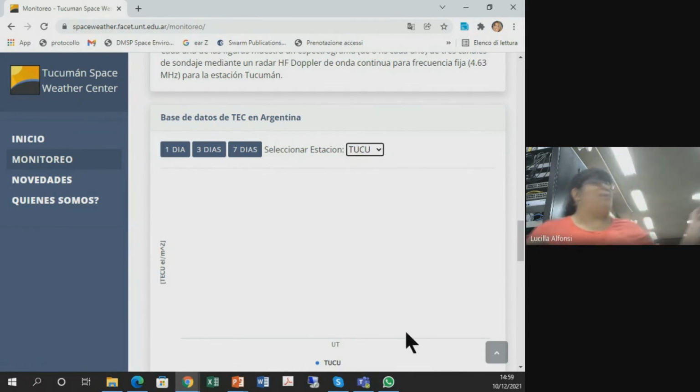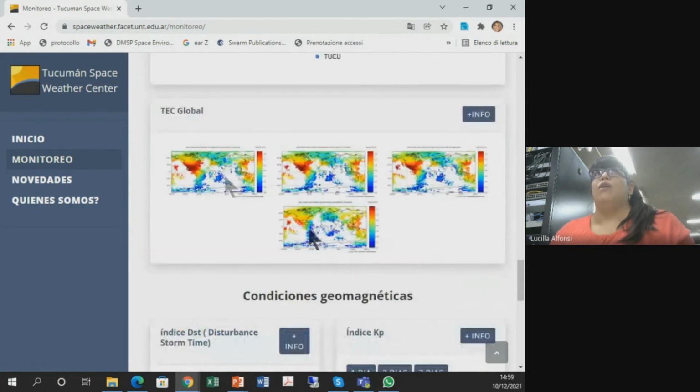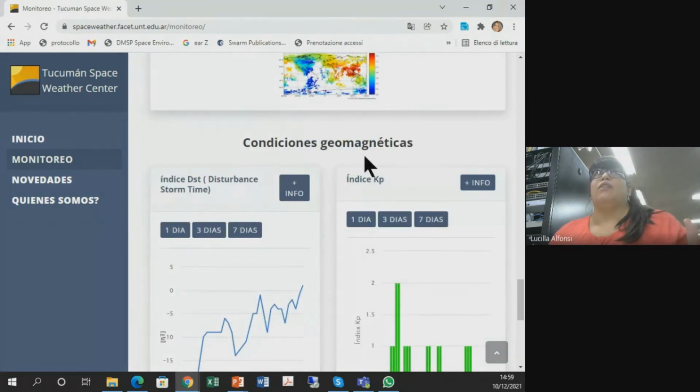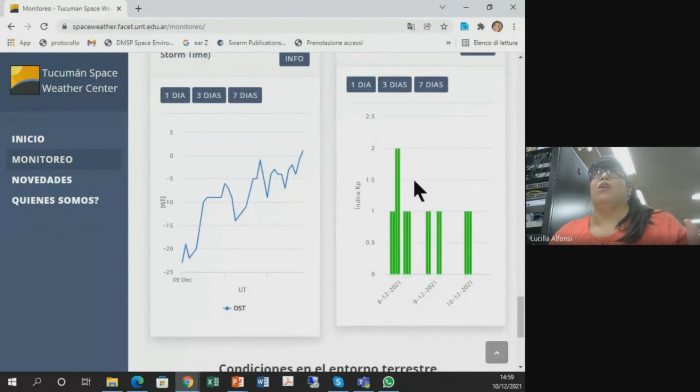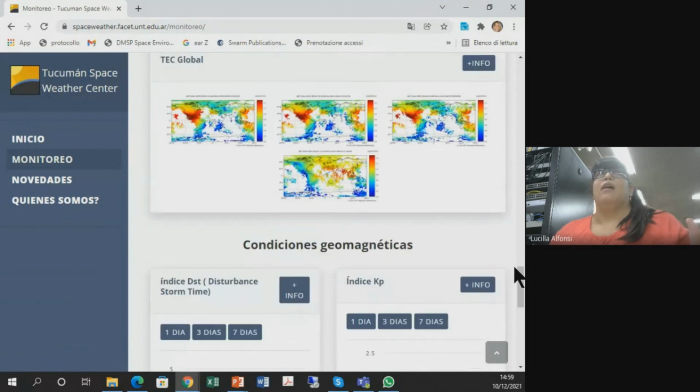Here is one of the main people responsible for the calibration work, but the idea is to have all the data calibrated. We are also working in collaboration with Madrigal, so we have global TEC maps. Of course, we have the other conditions, geomagnetic conditions, and solar wind also from this index and so on.